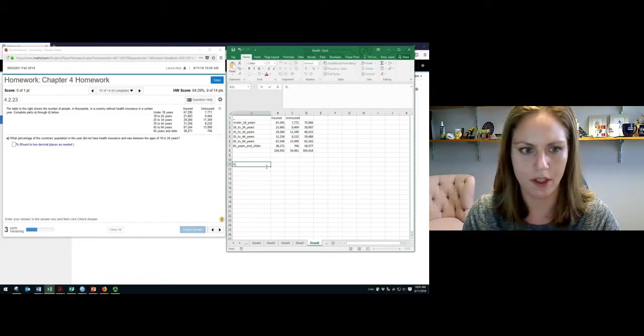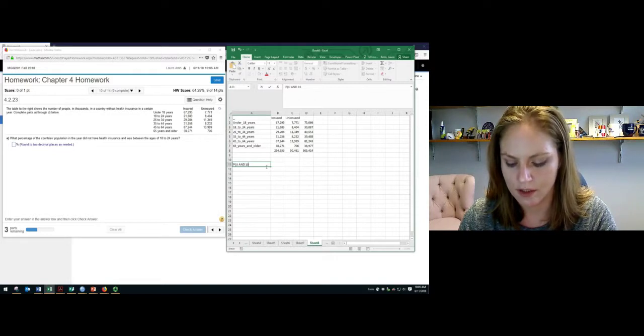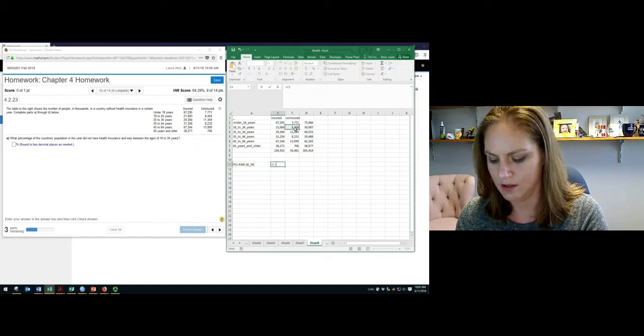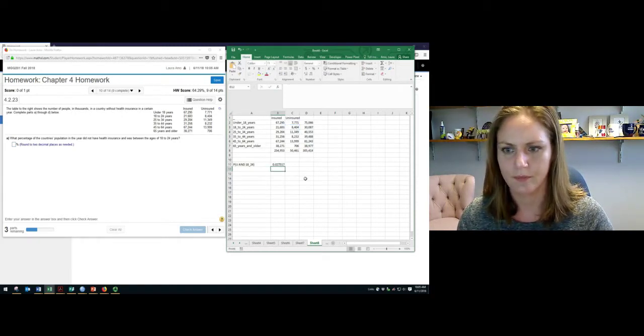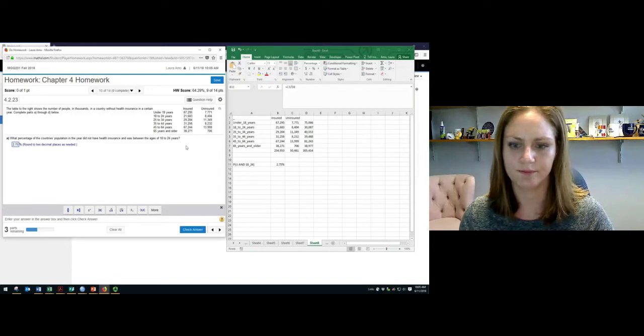So the probability or percentage, uninsured and 18 to 24, is this divided by this. So for the percentage, I'm just going to hit the percentage button. It wants me to round to 2 decimal places, so let's put that like this, 2.75. So all I did here is change my number to a percentage and increase the number of decimal places.